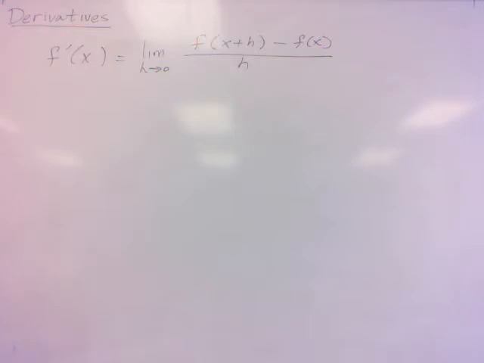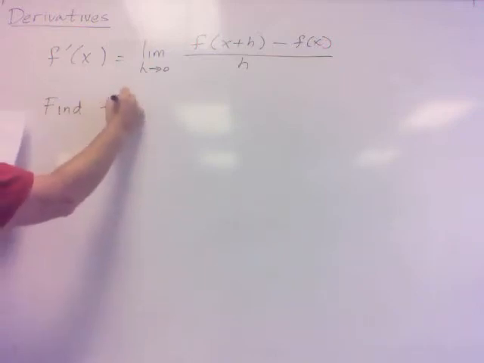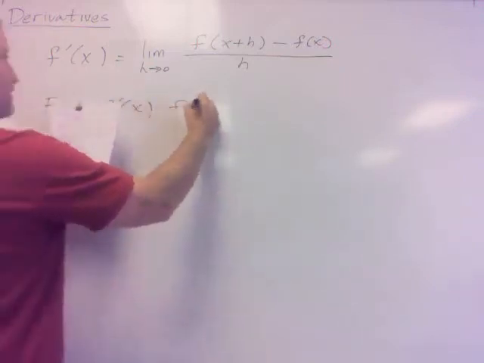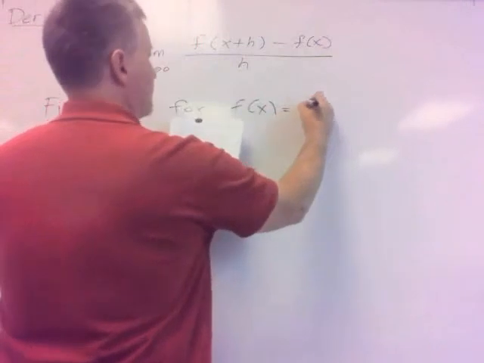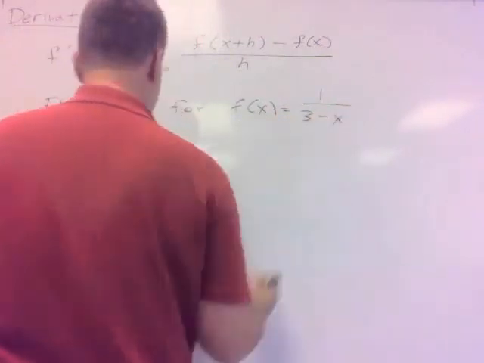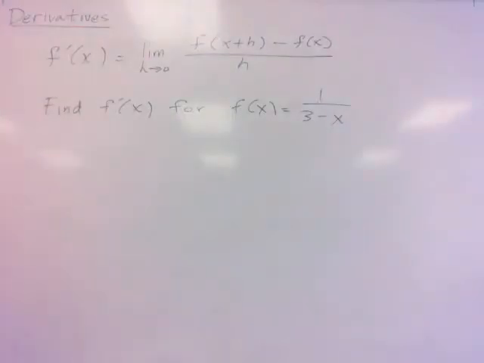Okay? So it says, find f prime of X for f of X equals 1 over 3 minus X. What should we do?